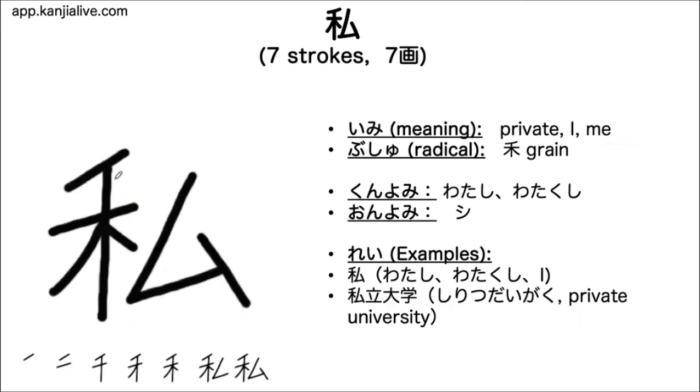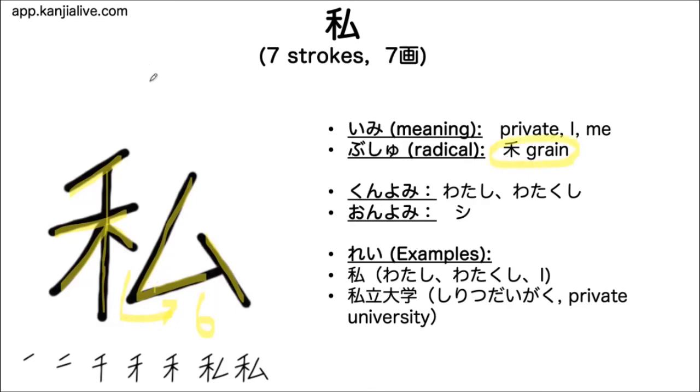Okay, this is 7 strokes. 1, 2, 3, and 4, 5. Okay, 6. So 6 is just 1 stroke here. And then 7. The right side looks like katakana mu, right? Then the left side, the bushu radical, is grain.